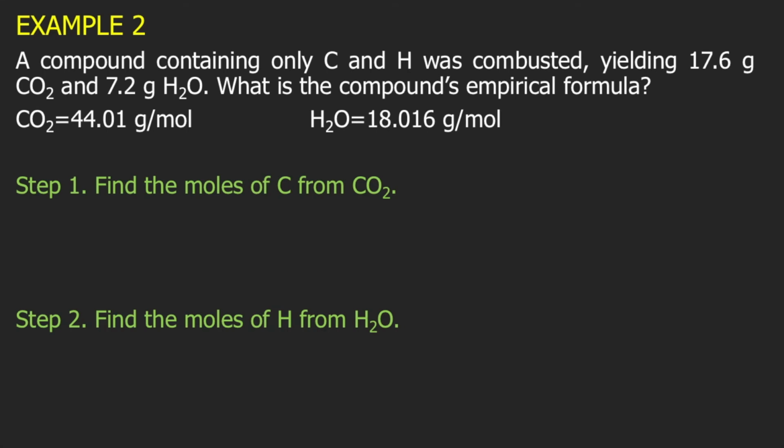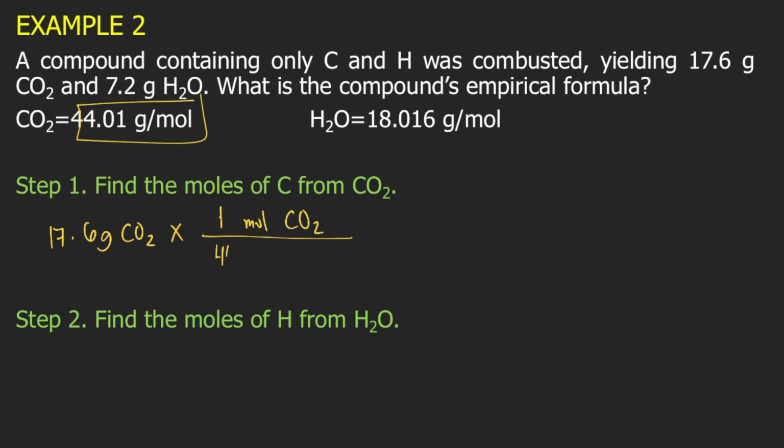So again, step 1 is to find the moles of carbon from carbon dioxide. So we are given 17.6 grams of carbon dioxide. So we use the molar mass given to convert grams of carbon dioxide into moles of carbon dioxide. So 1 mole of carbon dioxide is equivalent to 44.01 grams of carbon dioxide.